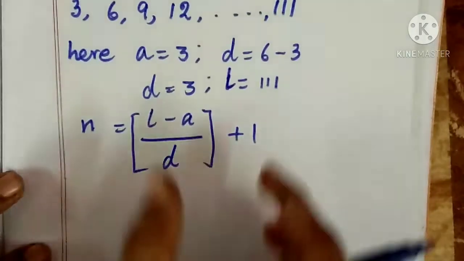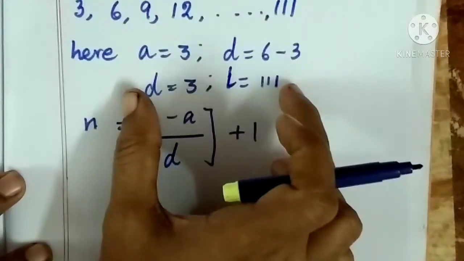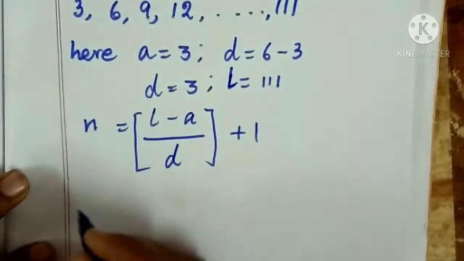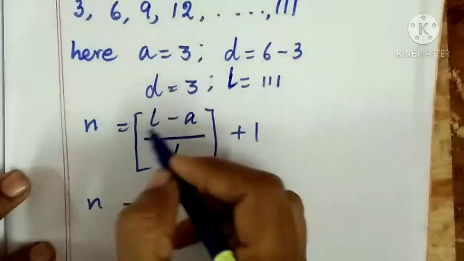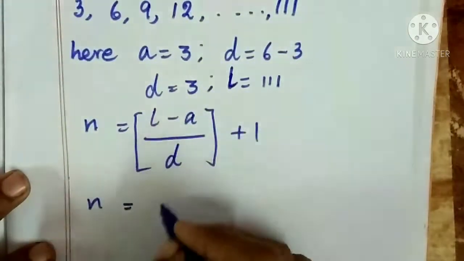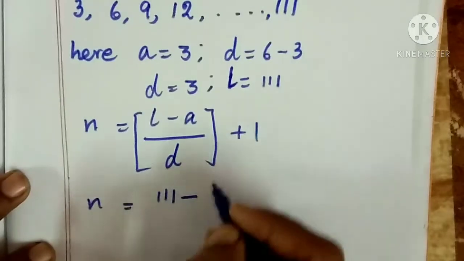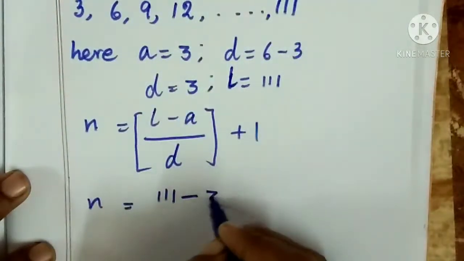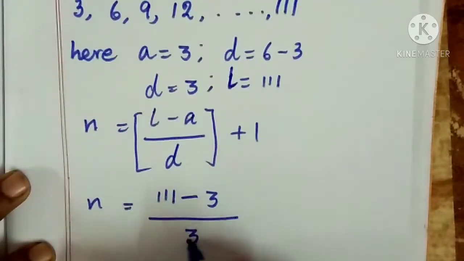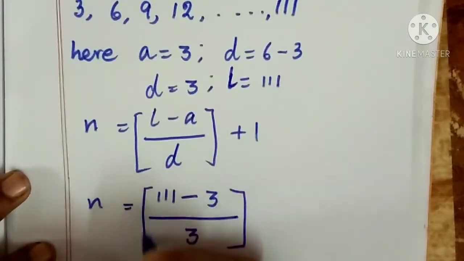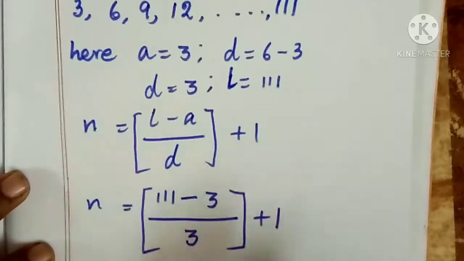Now, you have to apply these values in this formula, so we get n is equal to, here l is 111 minus a is 3, by d is also 3, plus 1.